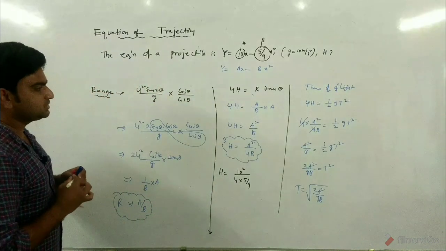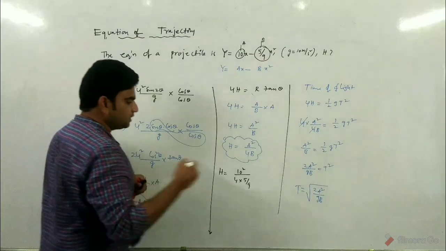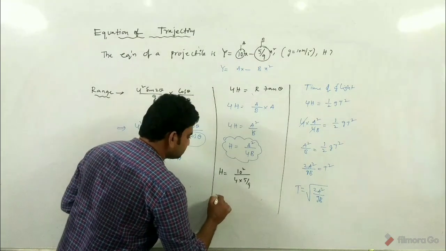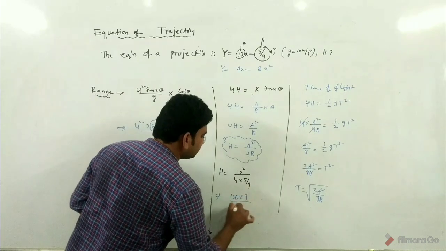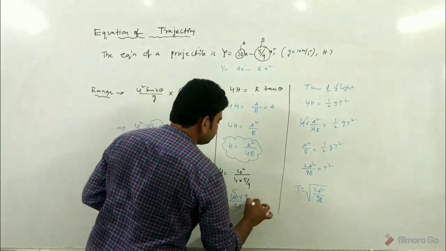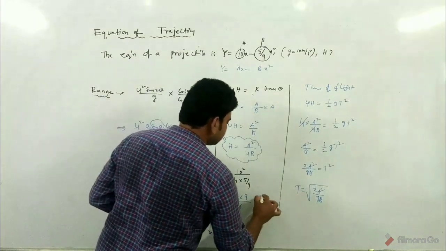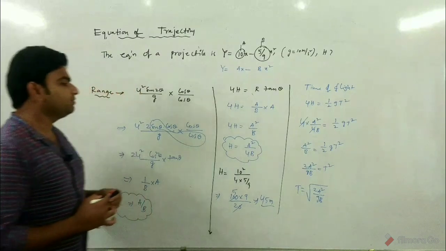Now it becomes 100 into 9 by 20. 20 how many times will go? 5 times will go. 45 meters. The answer is 45 meters.